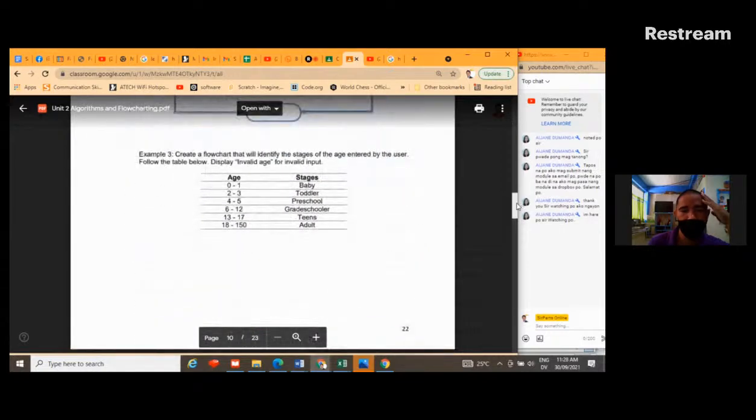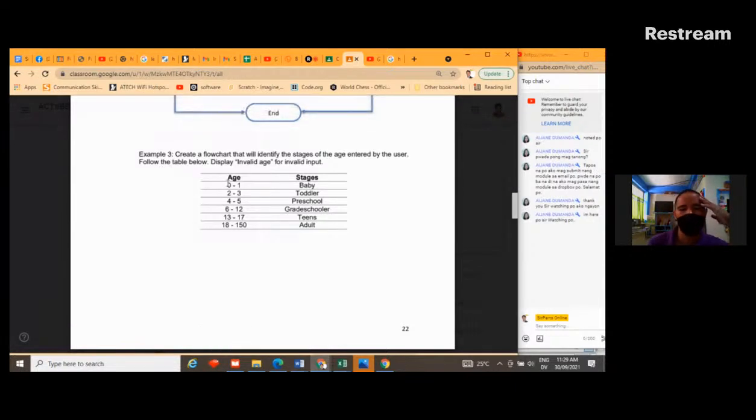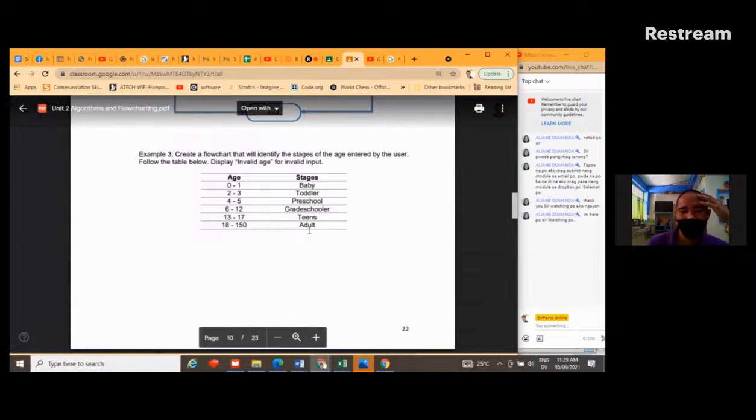Example 3: create a flowchart that will identify the stages of the age entered by the user. Follow the table below. Display invalid age for invalid input. So, for example, it will enter more than 150. We have 0 to 1, baby; 2 to 3, toddler; 4 to 5, preschool; 6 to 12, grade schooler; 13 to 17, teens; and 18 to 150, adult.